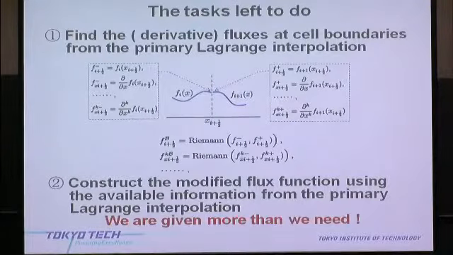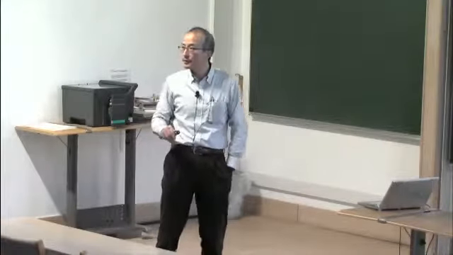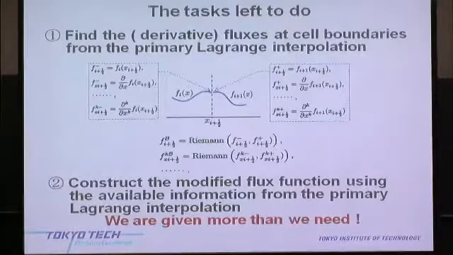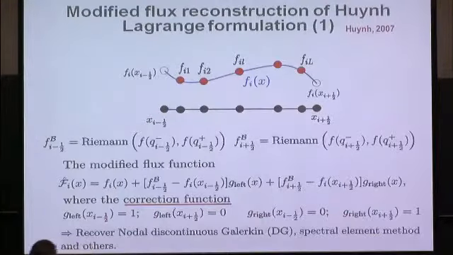The problem is that we are given more than we need in many cases. So how to choose the constraint conditions to fix this modified flux function? It's a problem. Okay, so let me show you different ways to do this.